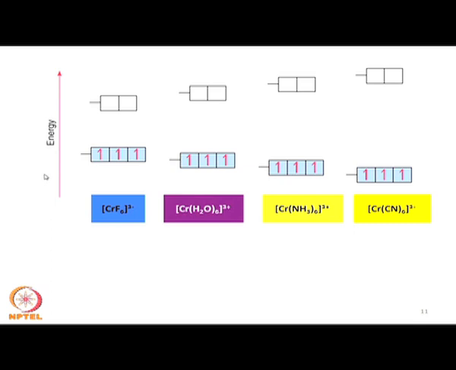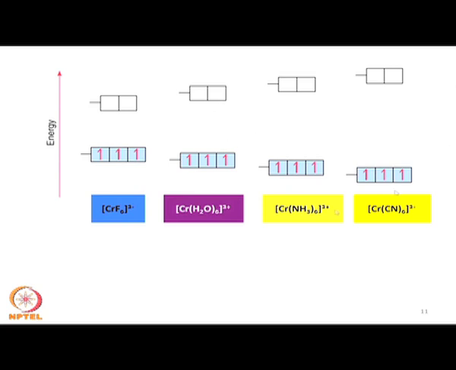So, now if we simply look at the corresponding splitting pattern, if we have the corresponding example as the chromium compounds, these already have been arranged in terms of the spectrochemical series.